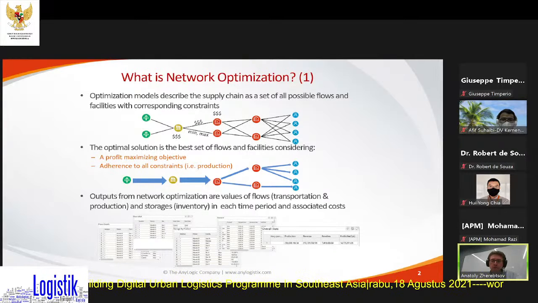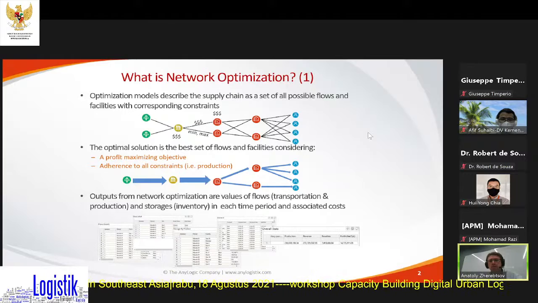Different flows may appear between the same sites because of different modes of transport or different batches and so on. And of course, when we consider all these options, we also consider corresponding parameters and constraints.